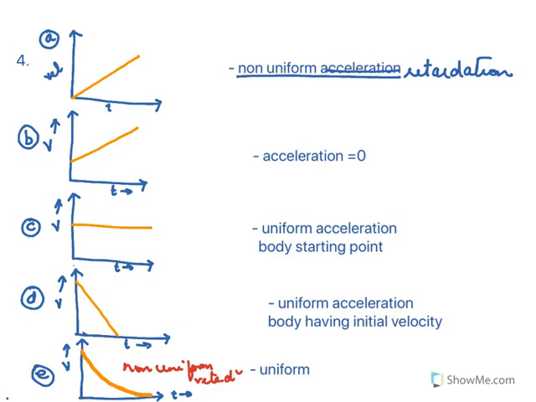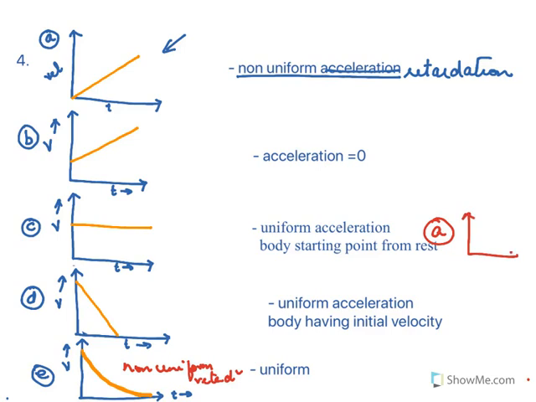Now the first one here, A, would be uniform acceleration, body starting from rest. So this would be our A.